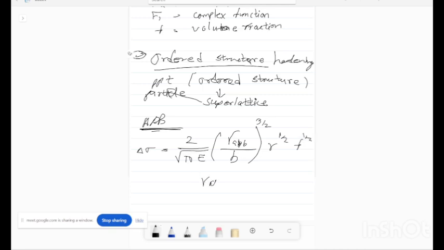So gamma APB is the energy of the antiphase boundary.